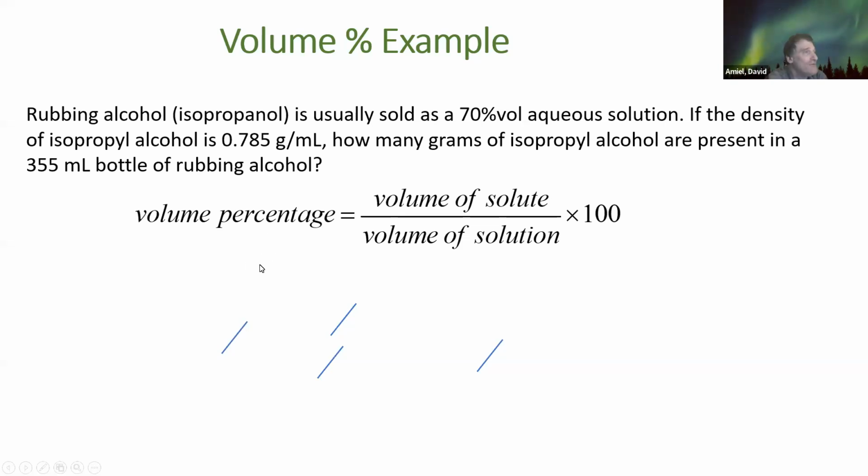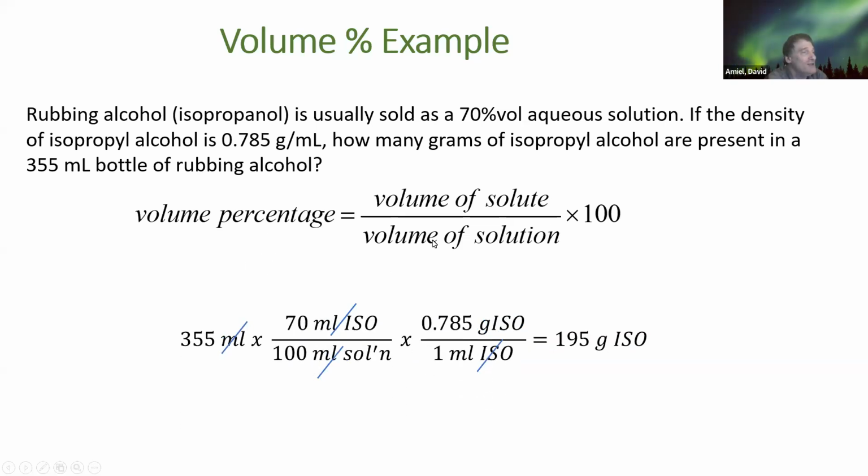So we write down the formula, and I just use the unit line equation. 70% by volume, I unpacked that. That means that there are 70 milliliters of isopropanol for every 100 milliliters of solution, by definition.